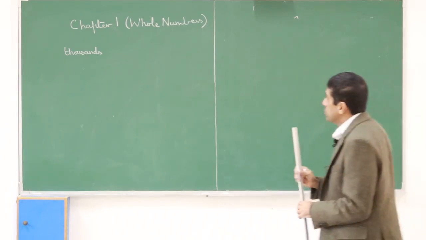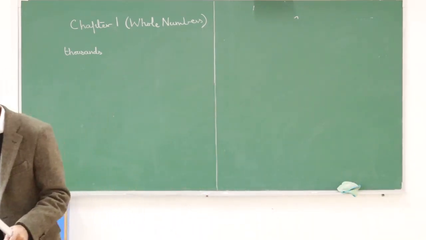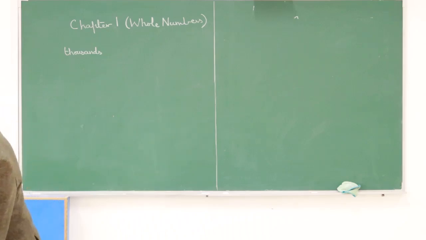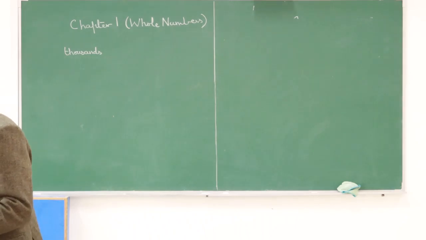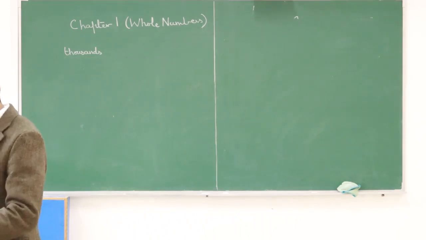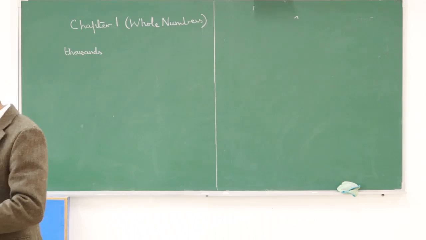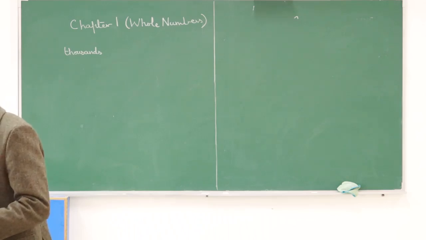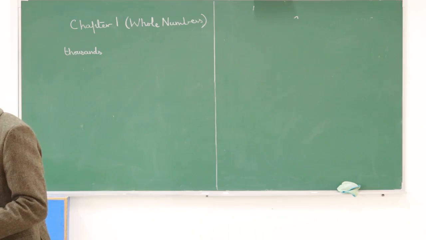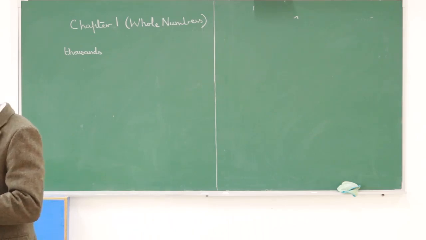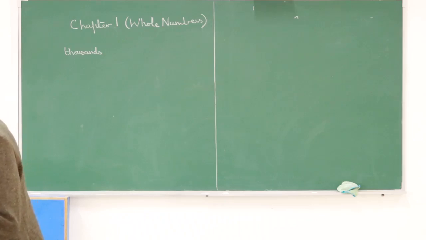Maybe I should use colored chalk. That might make life a bit more interesting. So we have thousands, hundreds, ones, tens. We have 4 colors. And maybe we're going to introduce something today, 10,000.